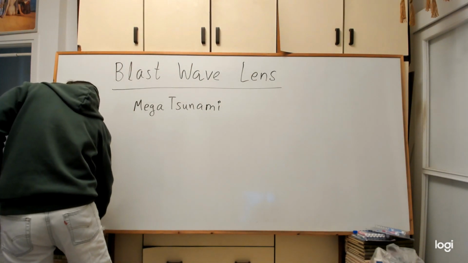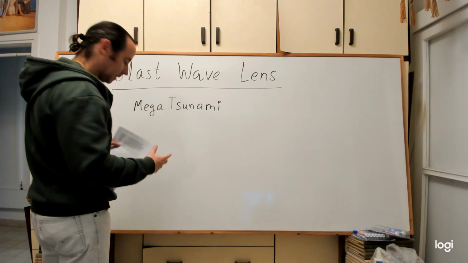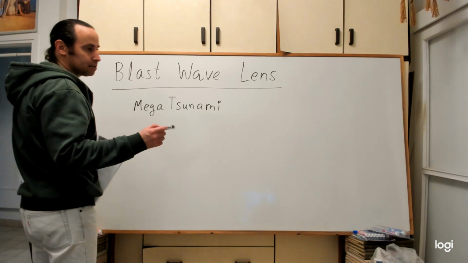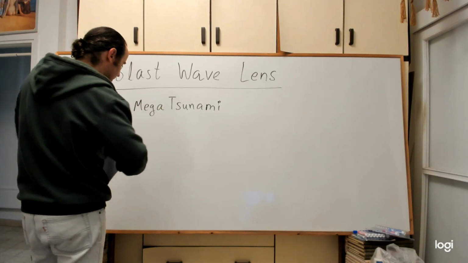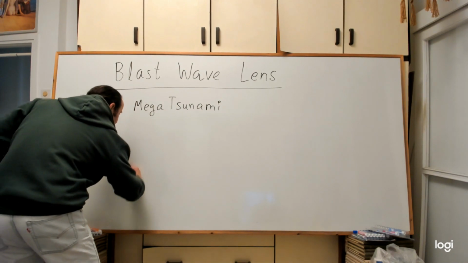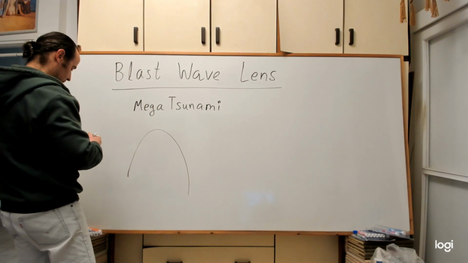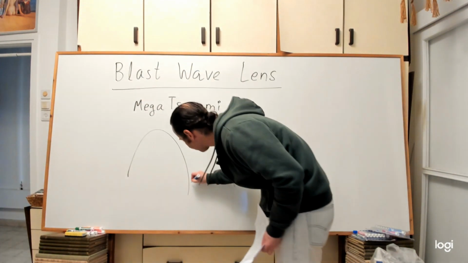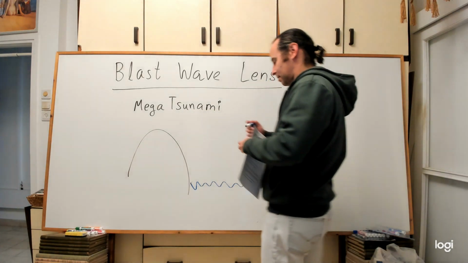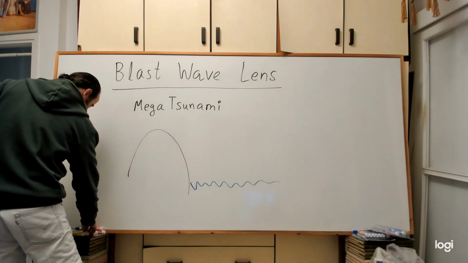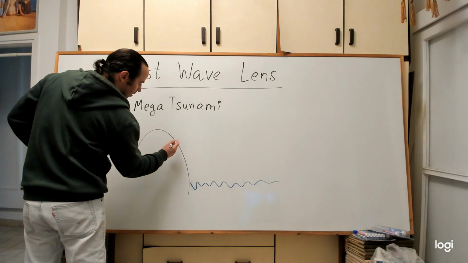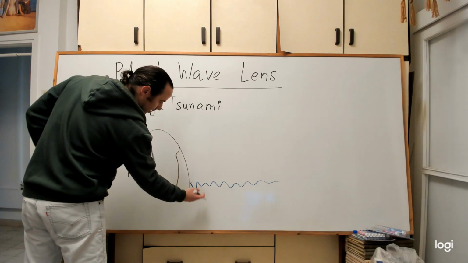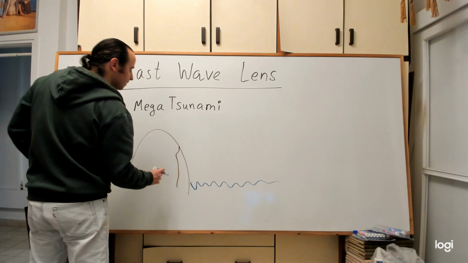It's not like an ordinary tsunami, it's bigger. A normal tsunami is caused by an earthquake under the sea or something, and a mega tsunami is when you have a mountain and the ocean, and a piece of the mountain collapses into the ocean.